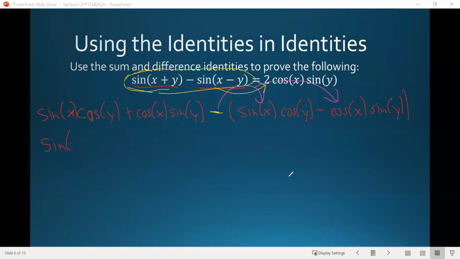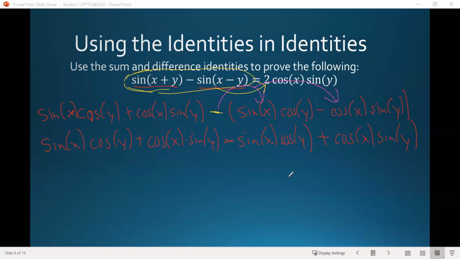So then we can rewrite the whole expression based on that. So I have sine of x times cosine of y plus cosine of x times sine of y. We distribute the negative sign there, we'll get negative sine of x cosine of y, and distributing to the second term will actually give us a plus cosine of x times sine of y.